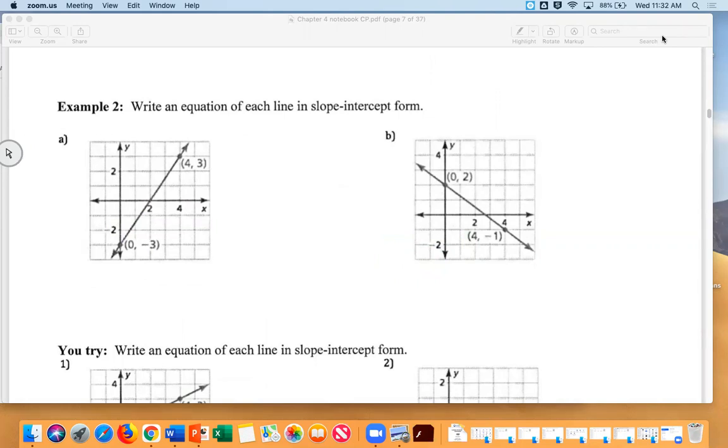So I'm going to look at my graph, and find where my line goes through the corner of two boxes. See how they go through those 2 points? I gave them to you. And then I just count my slope. 1, 2, 3, 4, 5, 6. 1, 2, 3, 4. So my slope is 6/4, which is 3/2.